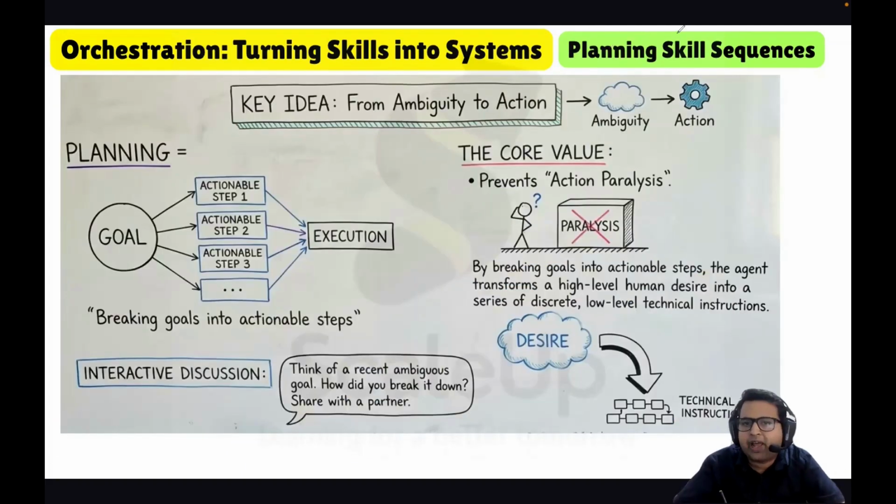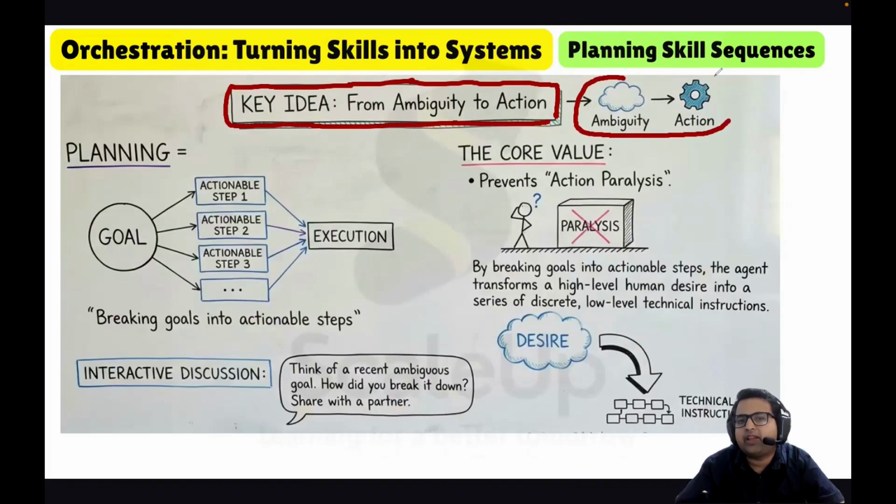The key idea of planning is from ambiguity to action, from vague intent to executable workflow. Planning is breaking the goal into actionable steps.